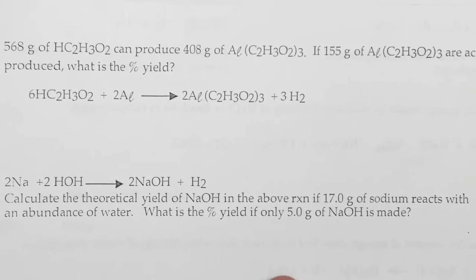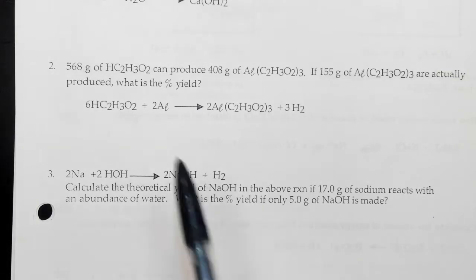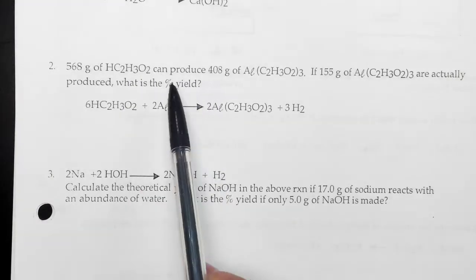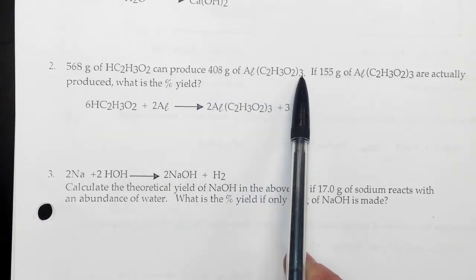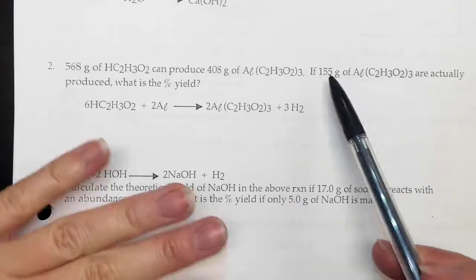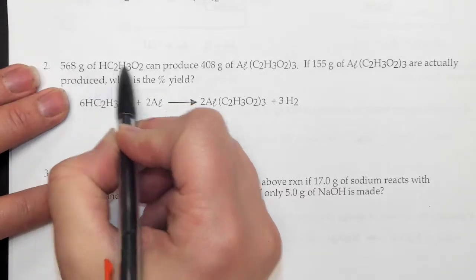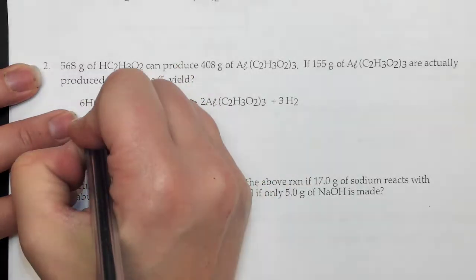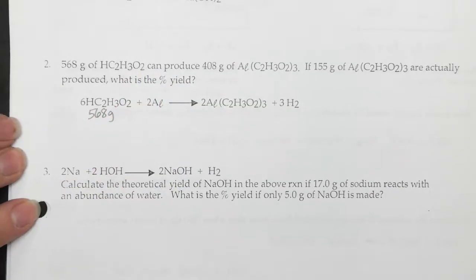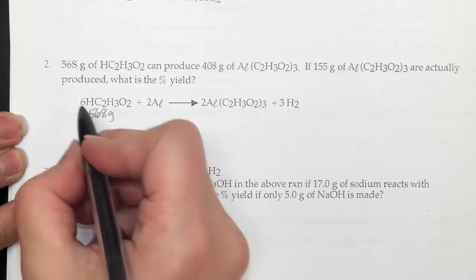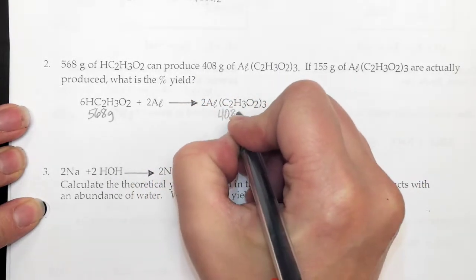Number 2 says if 568 grams of HC2H3O2 can produce 408 grams of AlC2H3O23. The first thing is to write down the information they gave you. So 568 grams of HC2H3O2, acetic acid, can produce 408 grams of this.